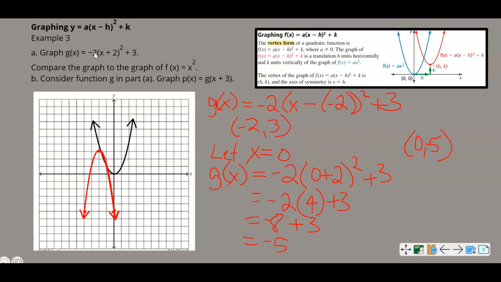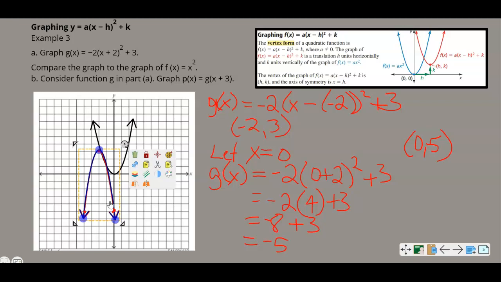Now, part B says, consider function g in part A and graph p of x. P of x is going to equal g of (x plus 3). So it's going to take this function here, and it's going to shift the whole thing over 3 units to the left. All right, so I have another function here in blue that's on top of the red one.